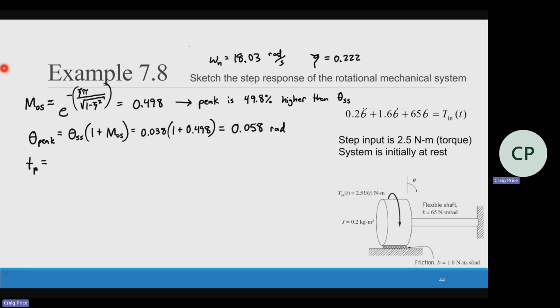This is pi over natural frequency times square root of 1 minus damping ratio squared. If I plug in my damping ratio and my natural frequency, we get 0.178 seconds.